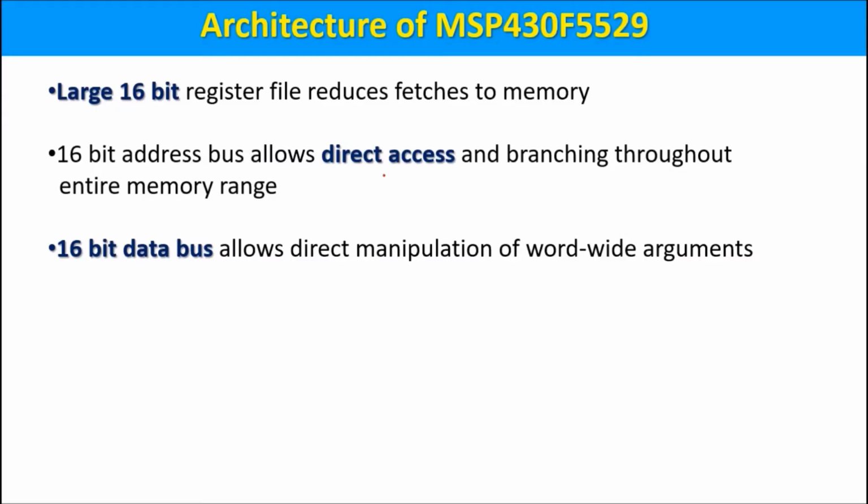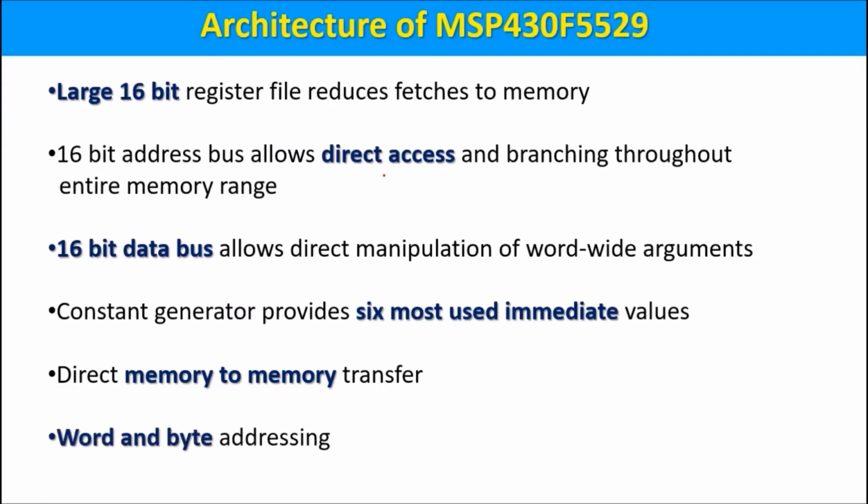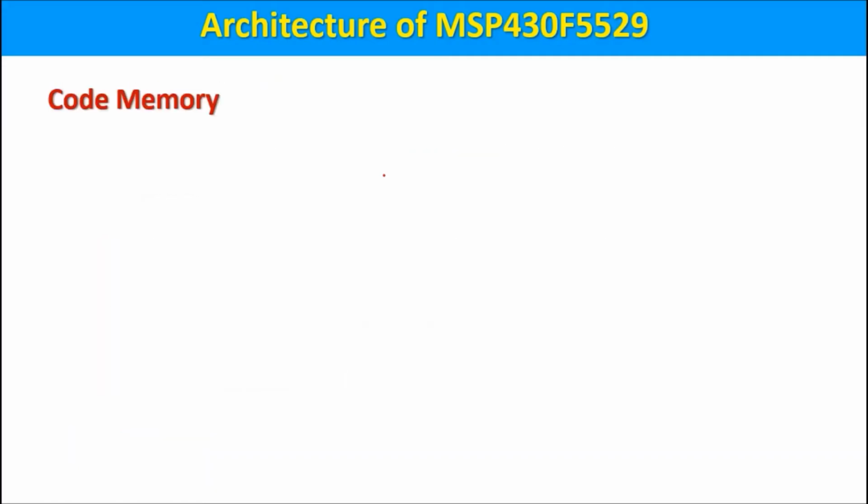On 16-bit data, you can directly operate. A constant generator is available, which provides the 6 most used immediate values. That we are going to discuss. Direct memory to memory transfer is possible. You can read data from one memory location, process it, and store it directly in a memory location. Word and byte addressing is also possible.